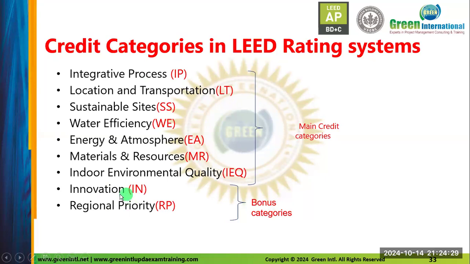But now we can know more about innovation. These credit categories give you 100 points, plus an additional 10 bonus points from these two categories. We will study all these categories and then take some bonus based on our work in this category.